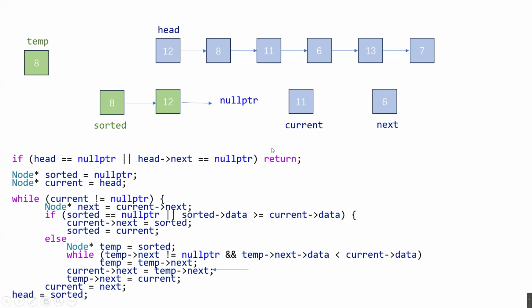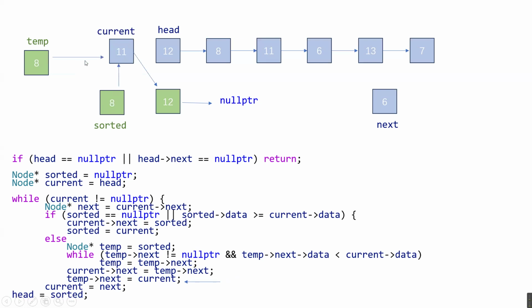The current's next, this one's next, which should be the 6, right? Will become the temp's next. This one's next, this one, right? Because the temp is equal to the sorted. So the current will point to the 12. And then we set the temp's next, this one's next, to become the current.